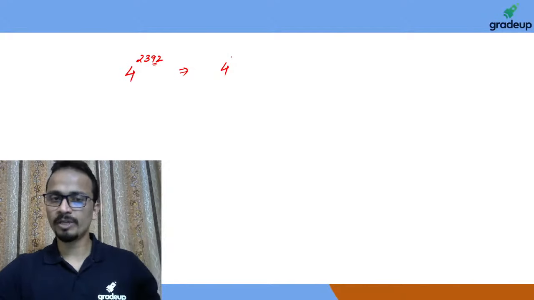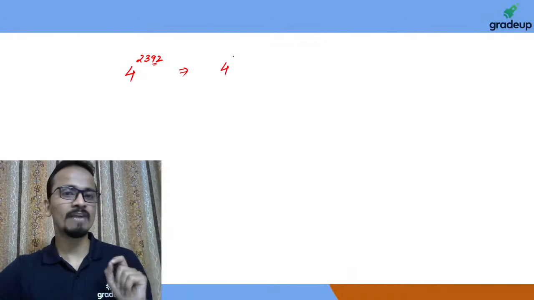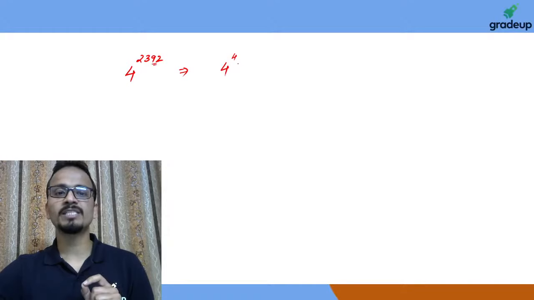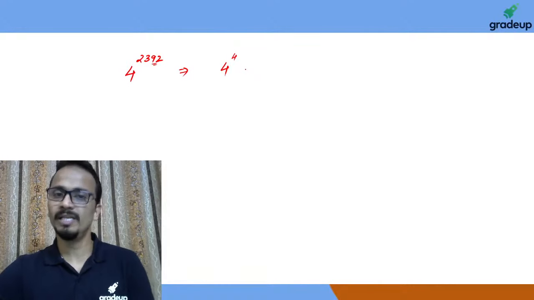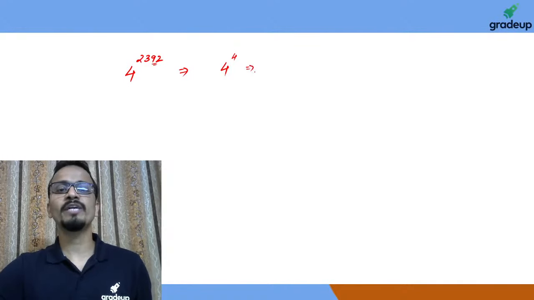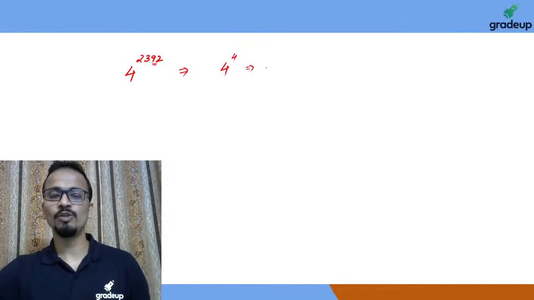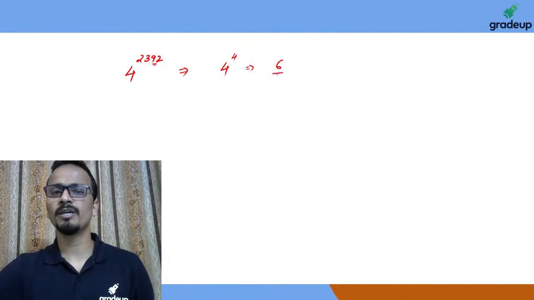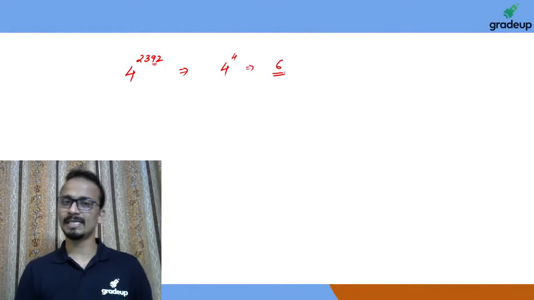So the important note that we made earlier: whenever the power is a multiple of 4, we will write it as 4 only. So just calculate 4 raised to the power 4. No need to find the value, just find the unit digit. The unit digit here will be equal to 6.